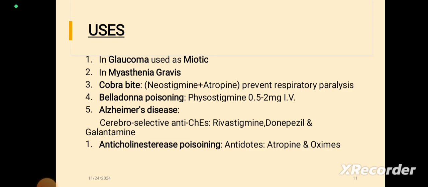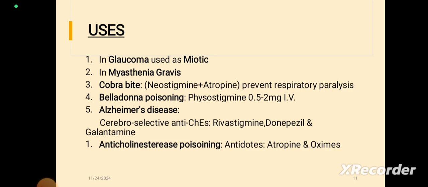Next, anticholinesterase poisoning antidotes are atropine and oximes. Anticholinesterase poisoning is basically the poisoning done by organophosphates. Organophosphates are used as pesticides and insecticides in the general market, for example HIT or any pesticide that is used in farming.